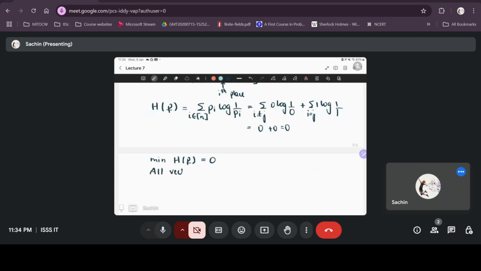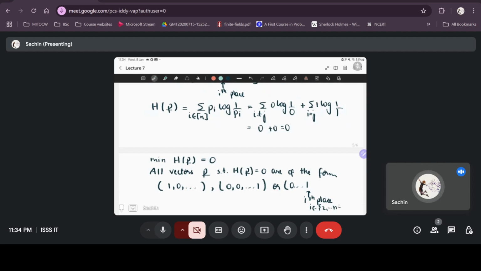All vectors p such that h of vector p equals 0 are of the form 1 0 0 and so on, or 0 0 and the last entry is 1, or 0 1 in the ith place, i goes from 2 to n minus 1, and the last entry is 0.